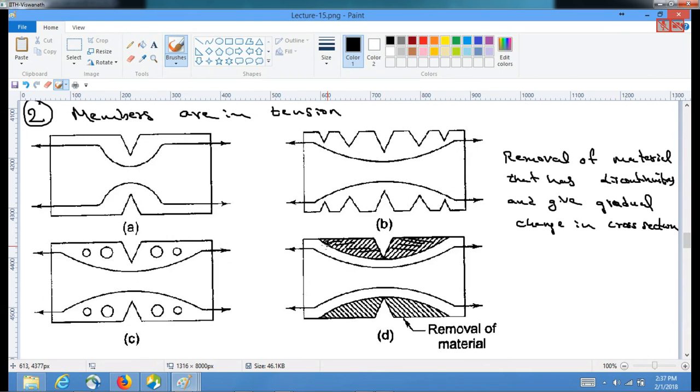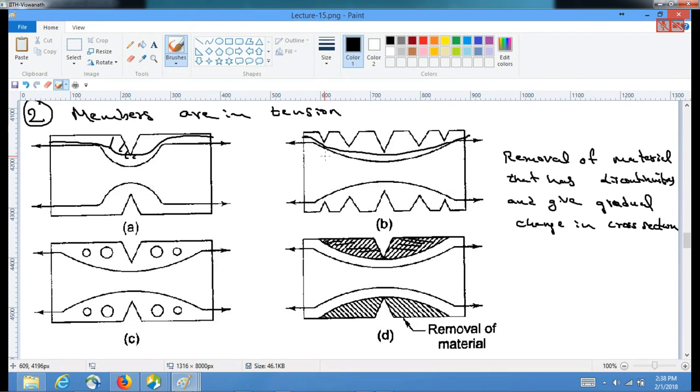So if a gradual change in the cross section results, then it would not shoot the stresses to singularity or infinity, and hence it will not cause failure. So it is better to remove all this portion. Even in this case, either you remove this kind of material and cause some gradual change, something like this, or remove a material which is within the scope and then create a gradual change.